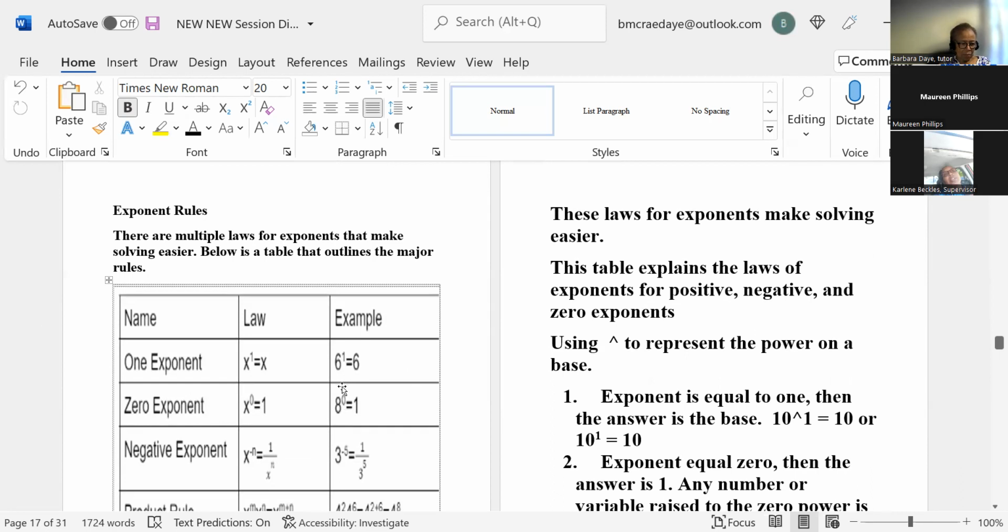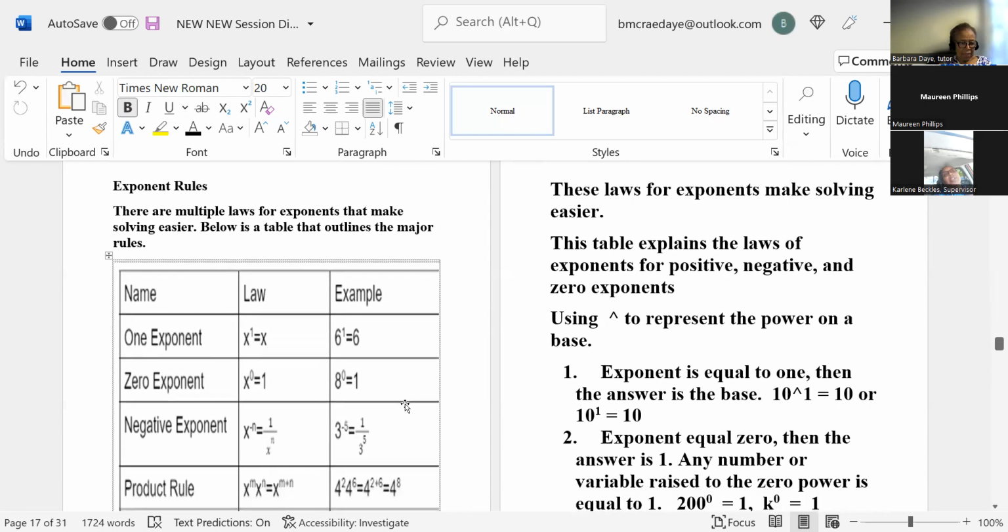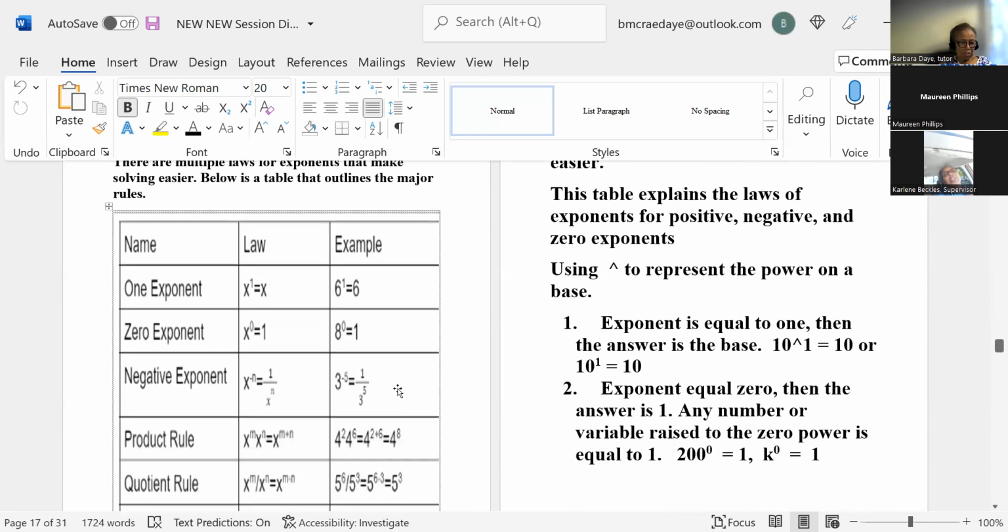If it has a 0 power on it, it's equal to 1. A negative exponent is the reciprocal of the positive. We'll look at some examples. Product comes from multiplication. When you multiply exponents, you add the powers.